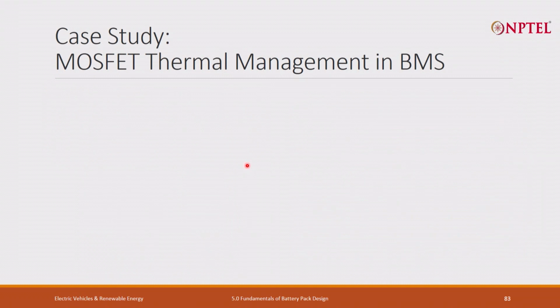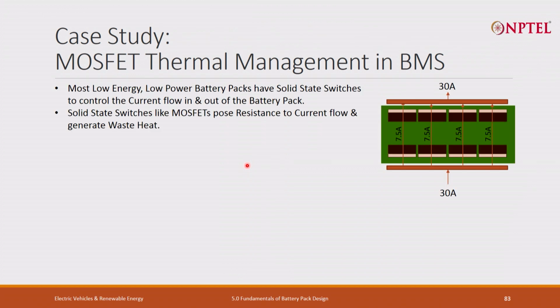Now another important thing is electronics. We were talking about current parallelization. So now I have 30 ampere current passing through the solid state switches, flow in, flow out. Now these switches like MOSFET pose resistance to the current flow and generate waste heat.